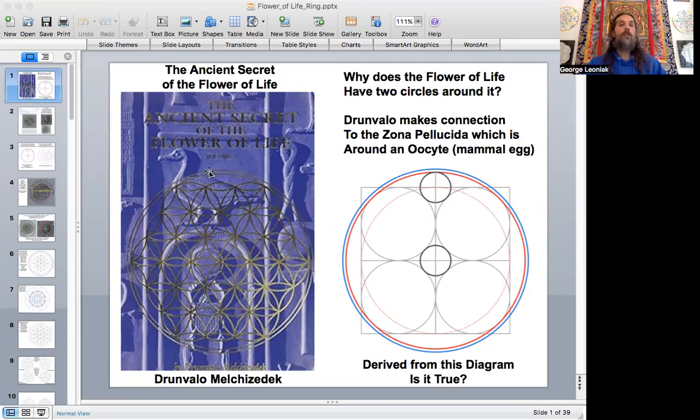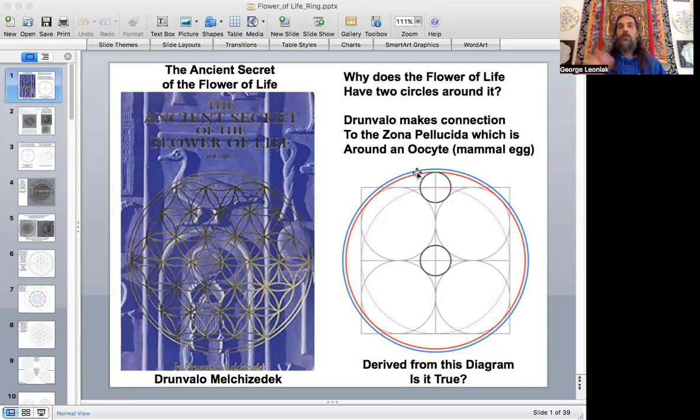That's what he describes the double ring as. And it's found around the egg, the mammal egg, the oocyte. And the diagram that he shows in the book is derived from this. I've done a recreation of it here, of finding the distance between the red and blue circles here, which is, according to him, the Zona Pellucida measurement.